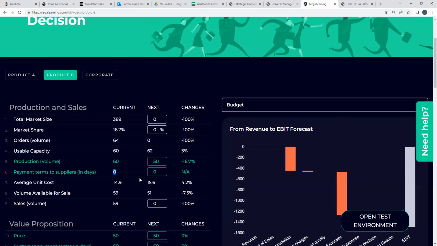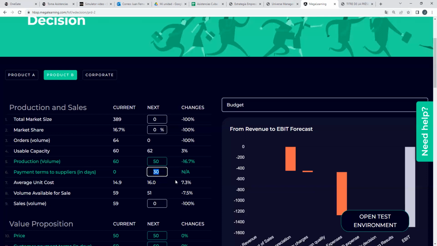If I want, I can, for example, pay him not immediately, but 30 days later. What is the advantage of paying a vendor 30 days later? That I am improving my cash flow. What is the bad thing? The supplier is going to charge me an extra cost because I am paying him later.